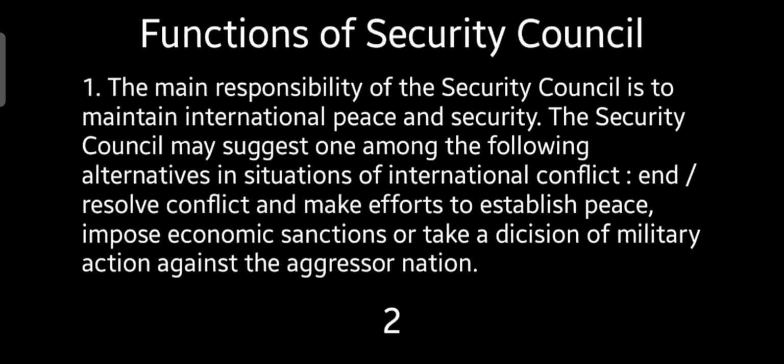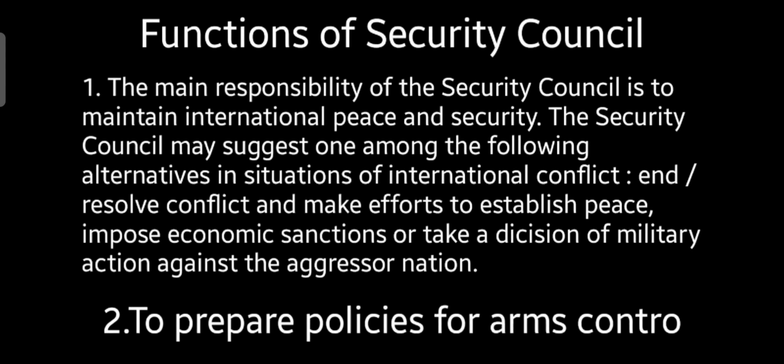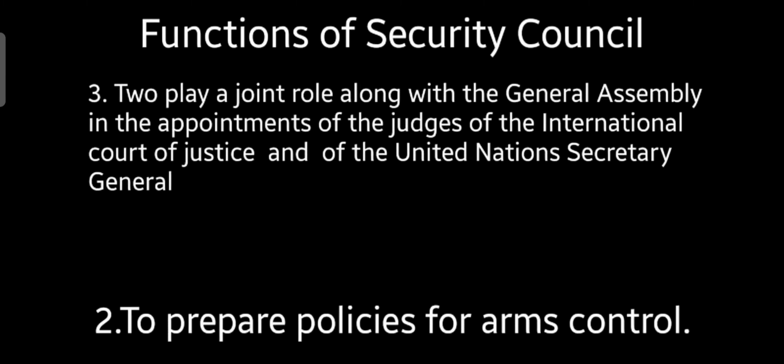Second, to prepare policies for arms control. Number 3, to play a joint role along with the General Assembly in the appointment of the judges of the International Court of Justice and of the United Nations Secretary General. So these are the functions of the Security Council.